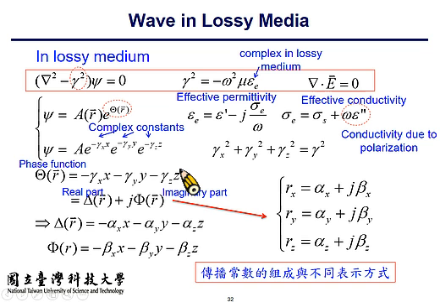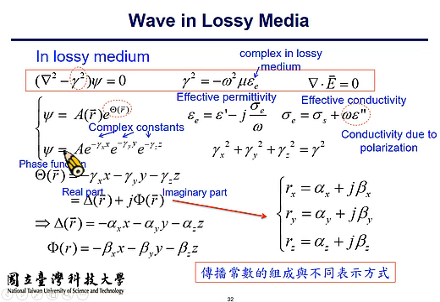All right. Again, the representation of the field comprises two parts: the amplitude function and the phase function. The phase function here is written as capital theta. And the phase function includes minus gamma x x, minus gamma y y, and minus gamma z z.